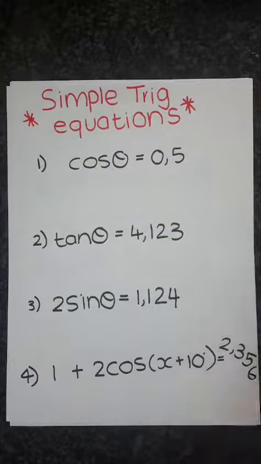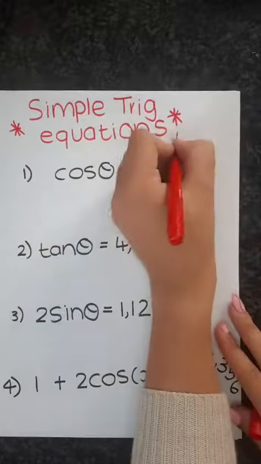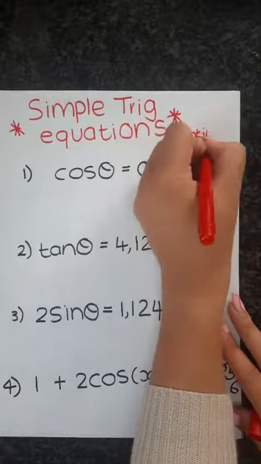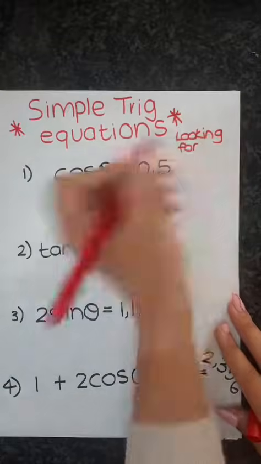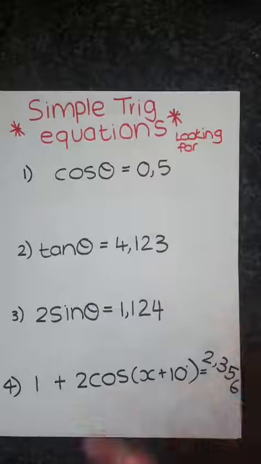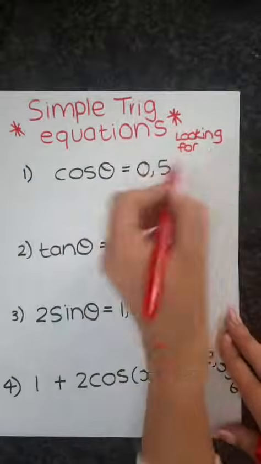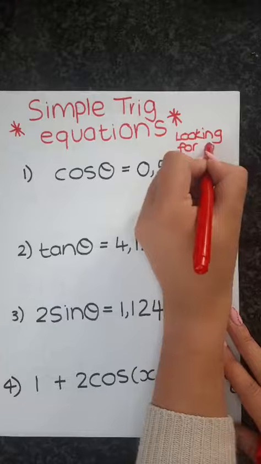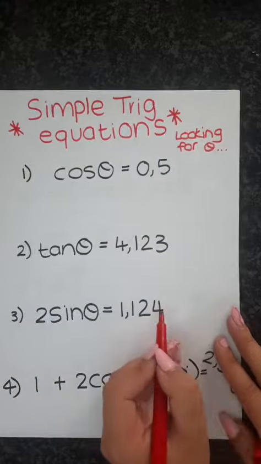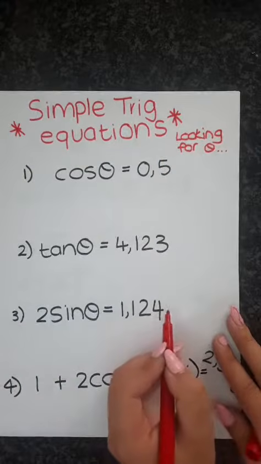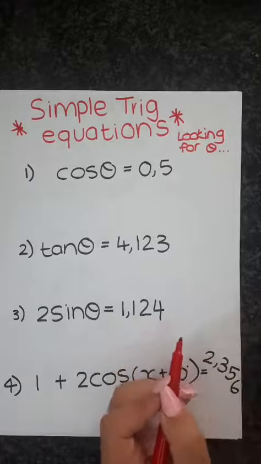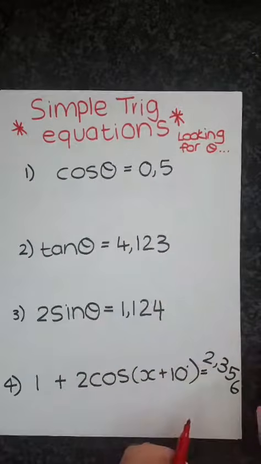We discussed this previously. When you are looking for an angle, what must I do on my calculator? Over here, I'm not asking you to use special angles. I'm telling you to use your calculator. I'm looking for the angle. What must I remember to do? I must remember to shift cos. Okay?